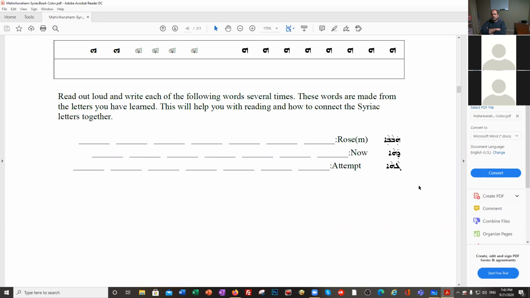Okay, I'll do it. Is it habawa? Yes, it is habawa. Habawa is a rose. Warda is a flower. This one is rose, habawa.